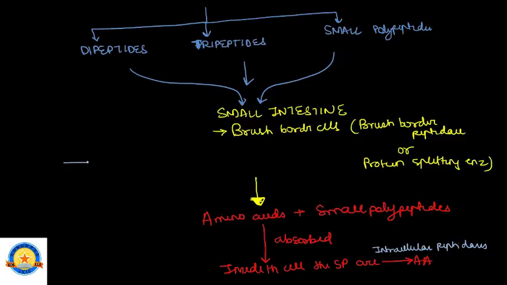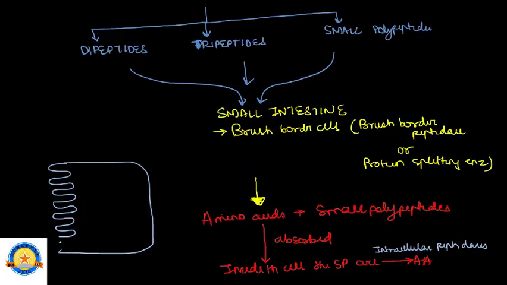How are they absorbed? Suppose this is the brush border cell I am making. Okay, this is the brush border cell, and now I will make a transporter. There is a name for this particular transporter, and we'll make one small amino acid also.